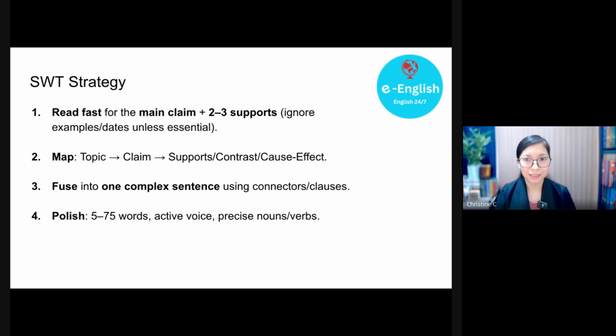That's the topic sentence. And you'll also be able to identify 2 to 3 supporting sentences. For now, when you do this skimming, just ignore the examples and dates unless essential. When you write a summary of a written text, you're not going to give many details.